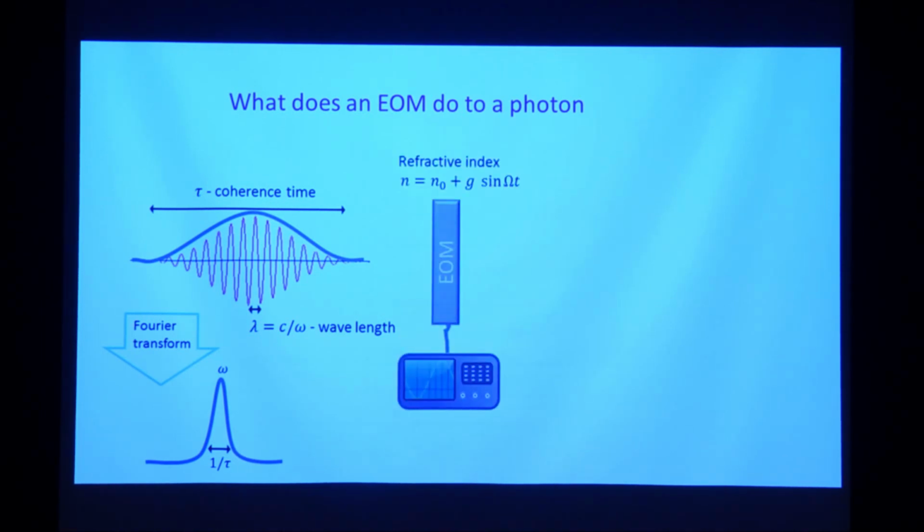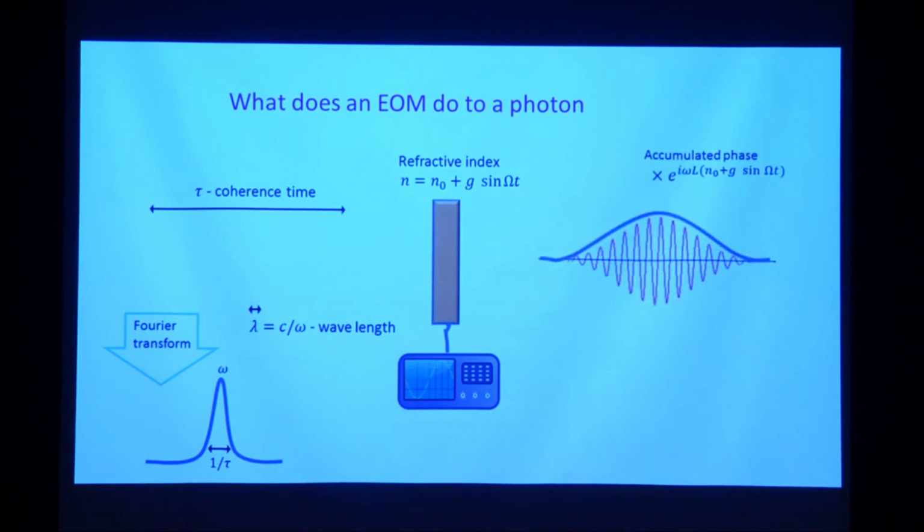Now I have this magical machine that changes the refractive index with time. I connect this to some oscilloscope and get this sinusoidal dependence in the time domain. I put my photon through this device, and I get this phase accumulated.